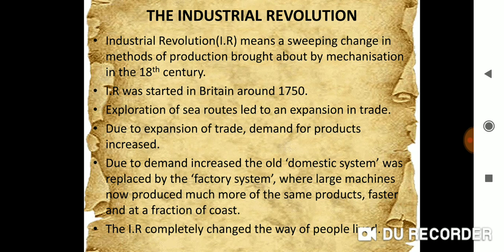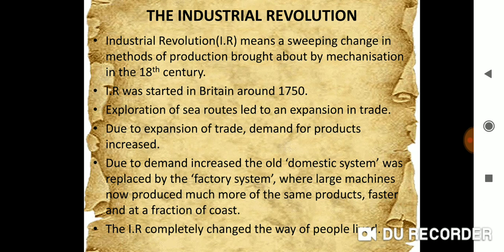Suppose in a country, 9 crore or 10 crore people are there, but the production is around 20 crore, meaning 10 crore production in excess.